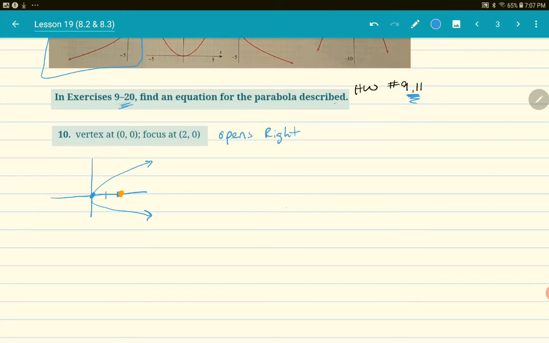That means it's in the form of x equals y squared, the familiar parent form. Again, this is not this function because I didn't consider the size, but that's the parent function that gives me the direction.